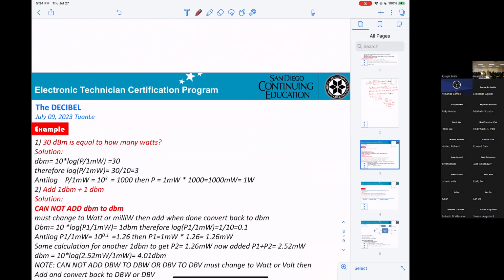Now I want the log only, so log of P over 1 milliwatt equals 30 divided by 10. You get the number 3.